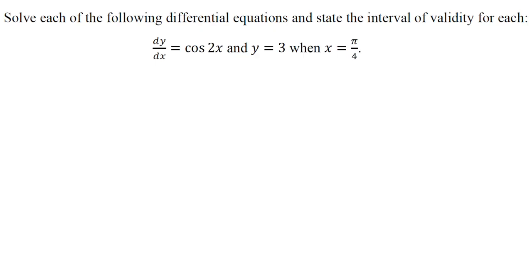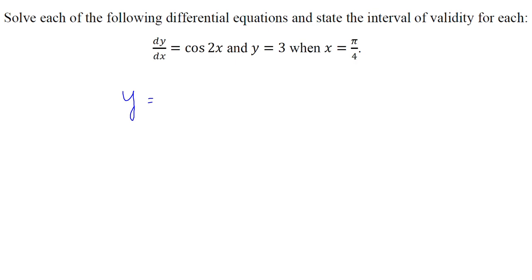All right, for our next one here, we're just going to do the same thing. Once again, we're just going to take the integral of cosine 2x. Now, it requires a u sub, but I hope by this point we are to the point where we can just integrate cosine 2x really easily, right? Just in our heads.